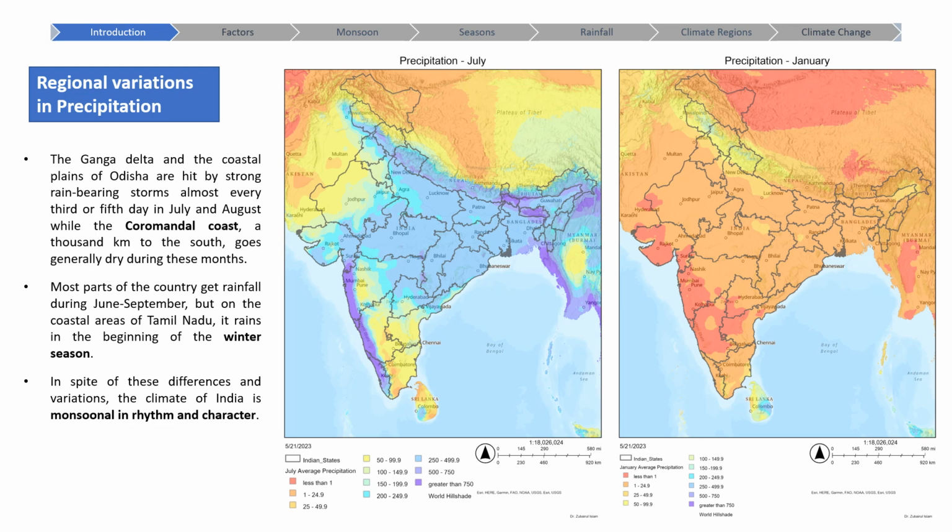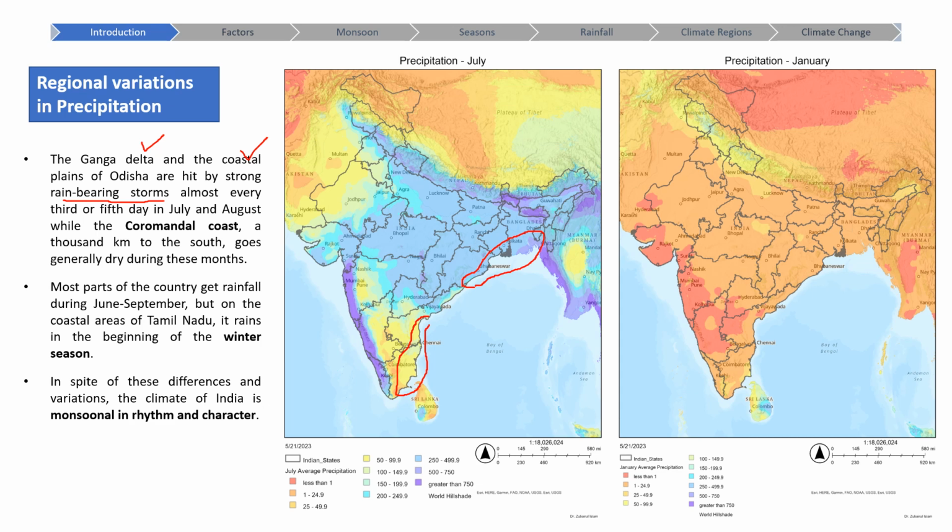The regional difference in precipitation. You see the Ganga Delta here, the coast of the plain of Odisha, this area is receiving rain-bearing storms. There are storms, there are cyclones, but the area which is close to this area, especially this region, is dry during the same time.